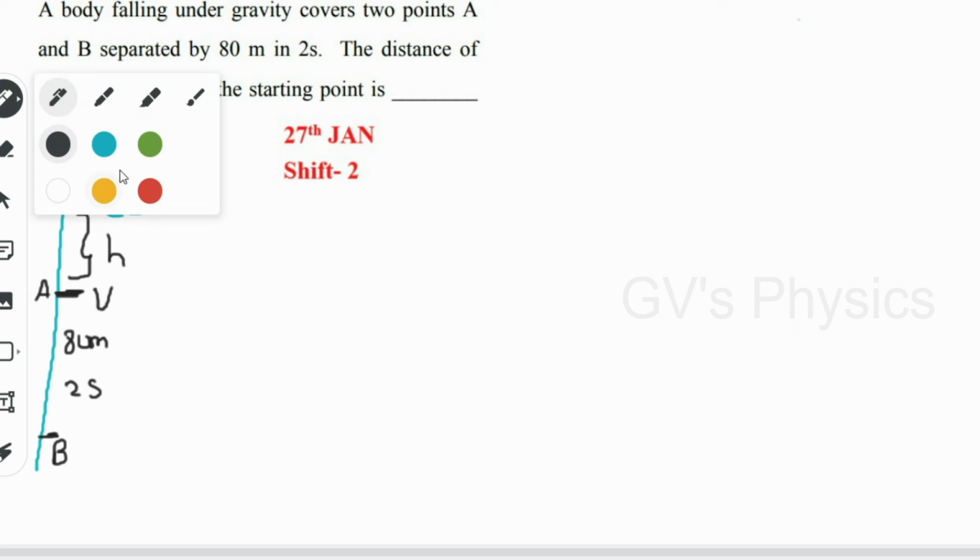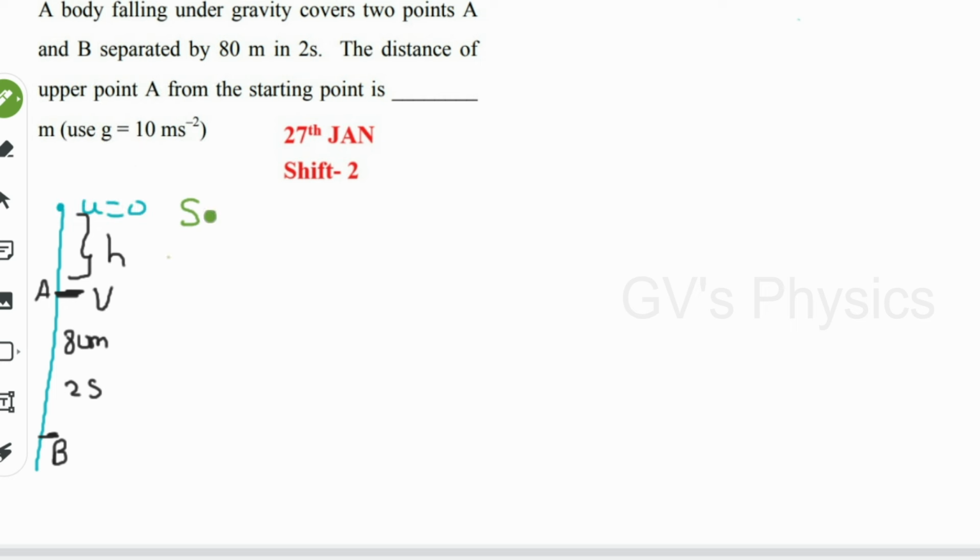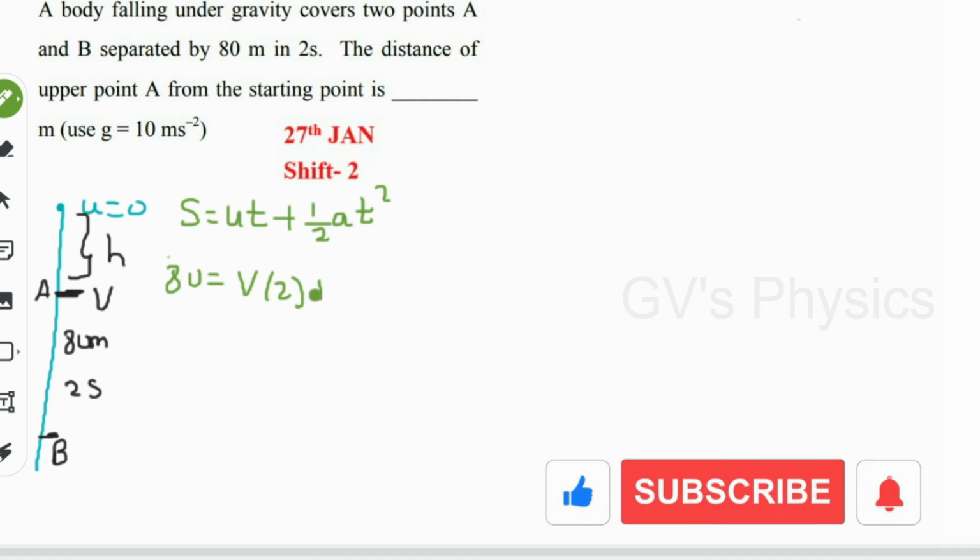We can take the second equation of motion, which is S equals ut plus half at square. In the place of a, we can substitute g because it comes down due to the gravitational force, so it's acceleration due to gravity. This distance is 80. So 80 is equal to, in the place of u, we substitute V, and time is 2, plus half g times t square, again 2 square.